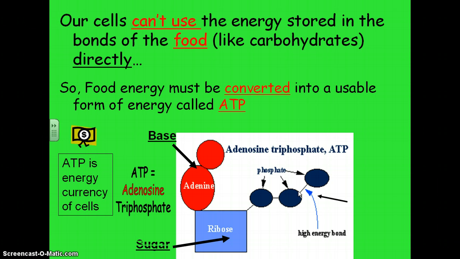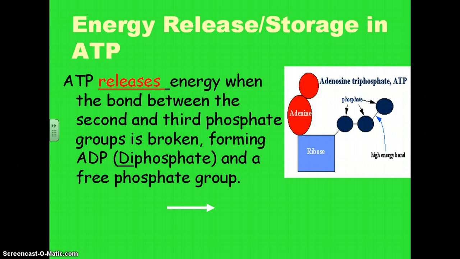There's a base, adenine, and a sugar, ribose, and both the adenine and the ribose sugar we'll see again when we talk about DNA and RNA. The triphosphate is the place where the energy is actually stored, and this last bond is our high energy bond that gets broken and remade in order to release energy.